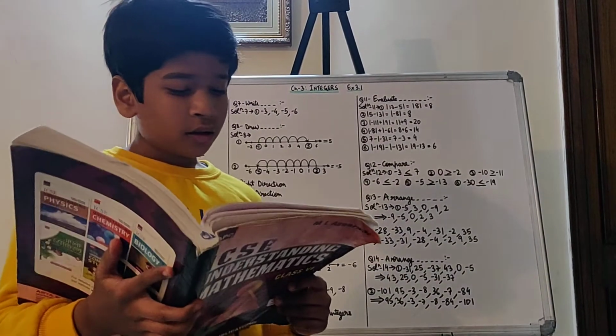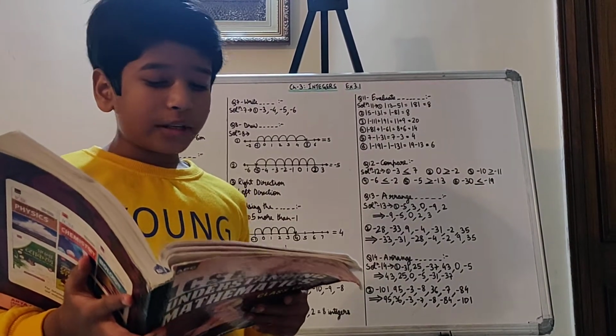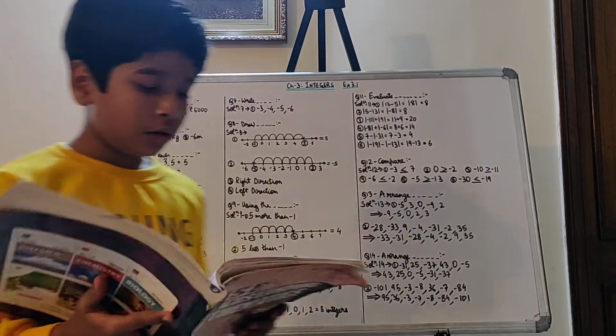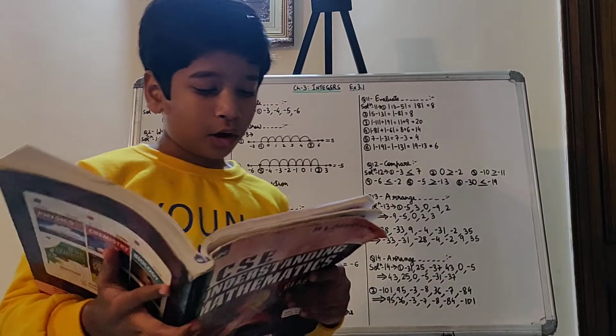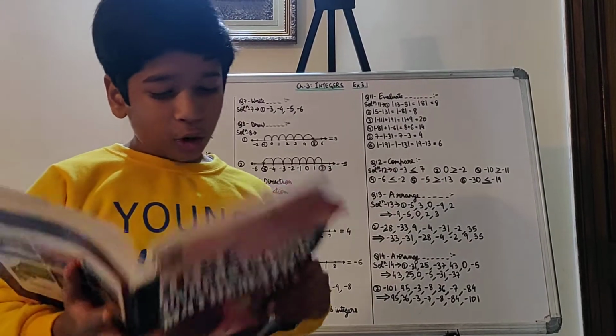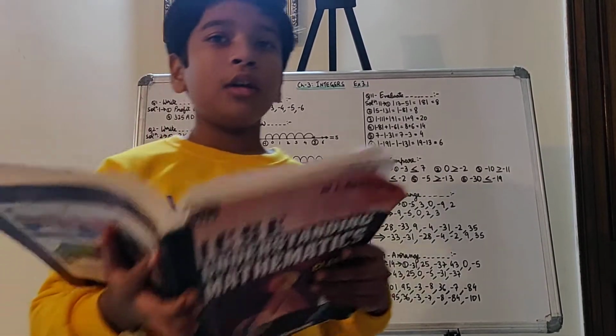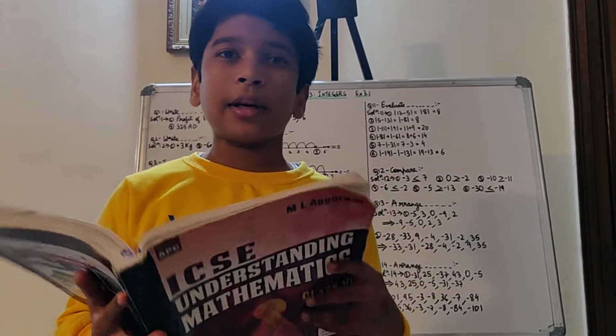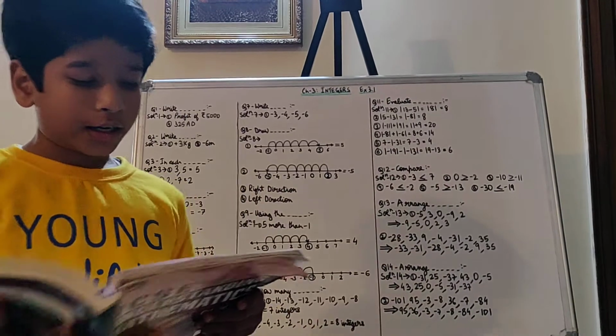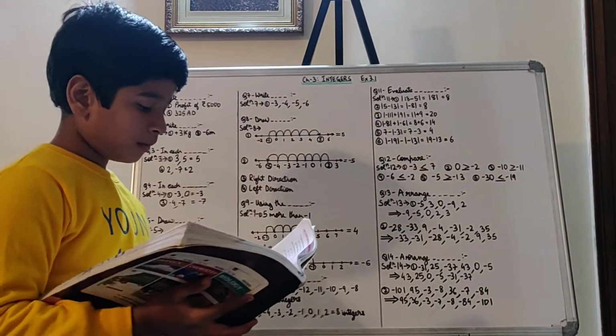So the first is 0 is the smallest positive integer. No, it is false. Why is it? Because 0 is neither positive nor negative. It is an integer, but it is neither positive nor negative. So this is false.